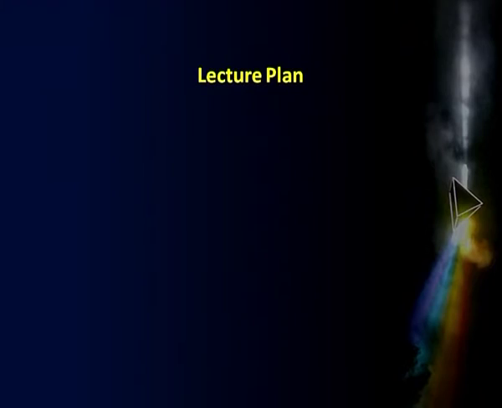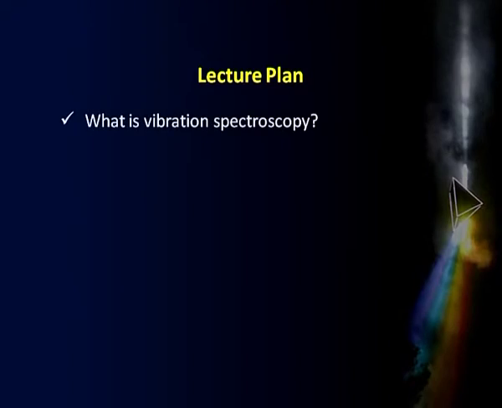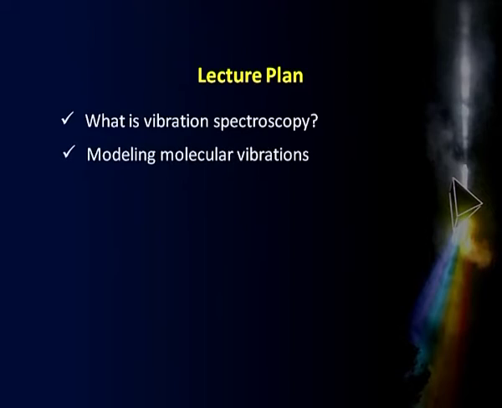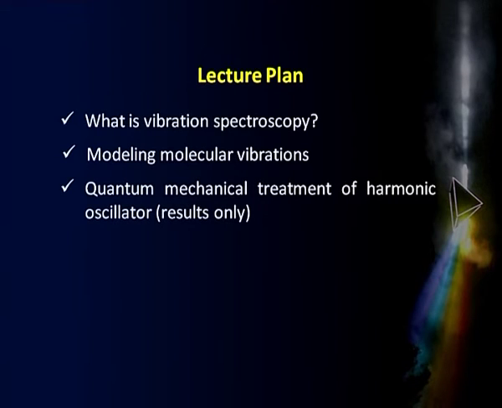Now, today I want to move on to vibration spectroscopy. Basically what I am going to do today is start with defining what is vibration spectroscopy. Thereafter, we will try to see how we model the molecular vibrations, and in the process we will briefly touch upon the results we obtain by treating the harmonic oscillator.